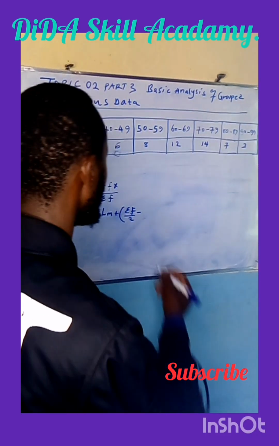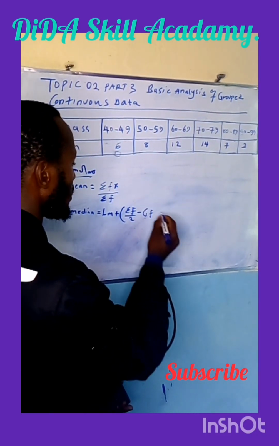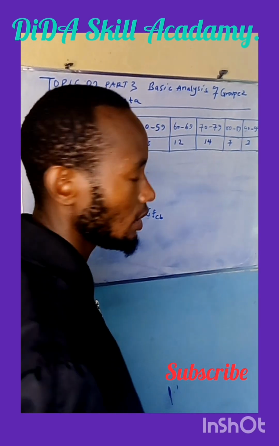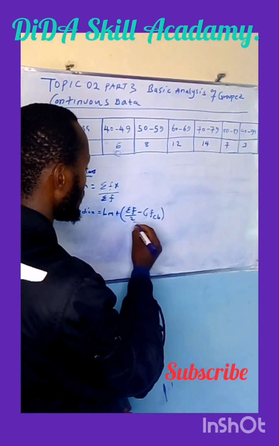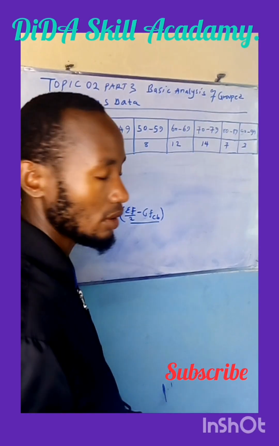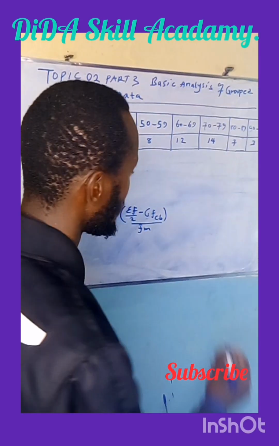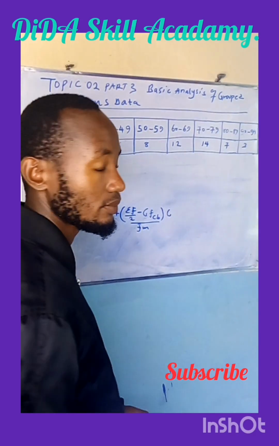Then you subtract the cumulative frequency of the class before the median class. Then you divide everything by the frequency of the median class, and then you multiply by the class size.